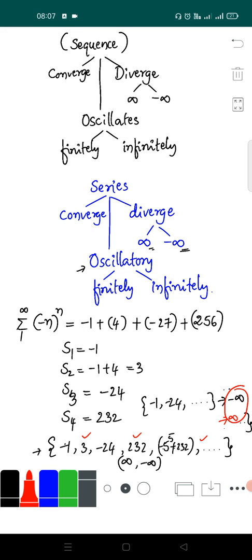Now we go deeper into how to use the sequence of partial sums to find the summation of a series.